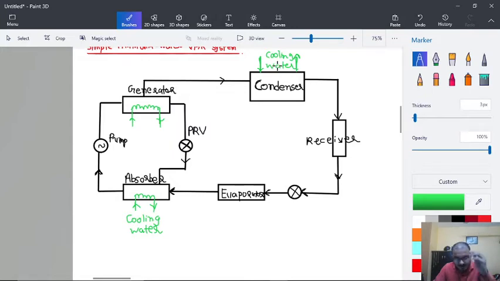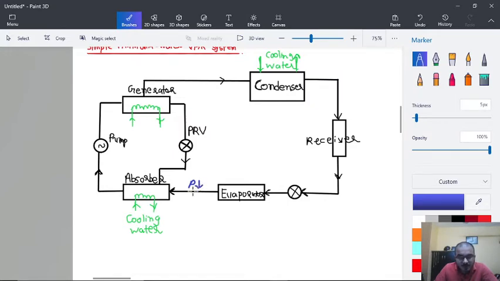Now let's discuss about the ammonia and water combination in this case. Here we have pressure is low, so I will be writing in this way: low pressure.